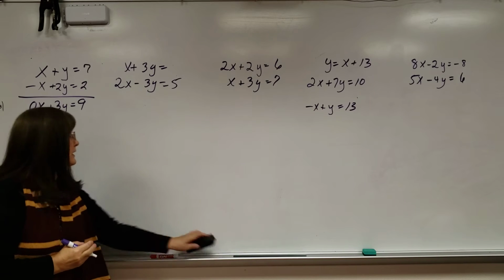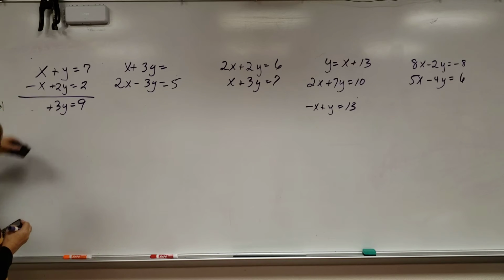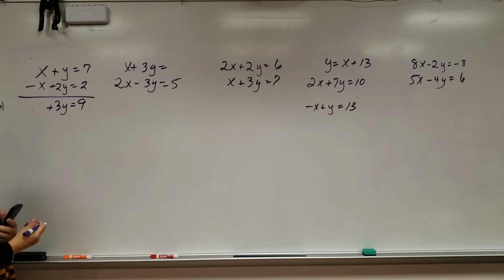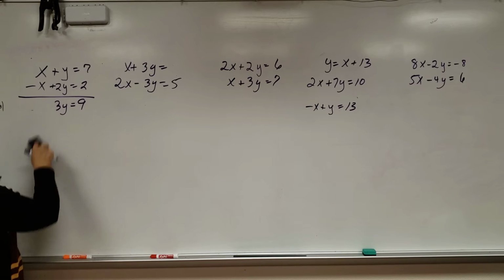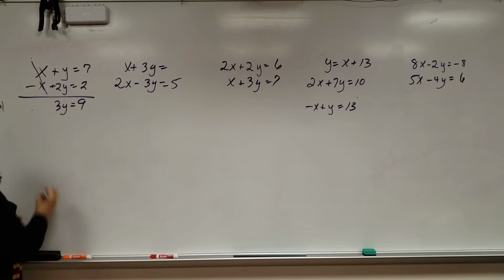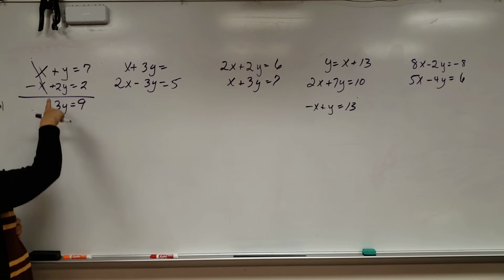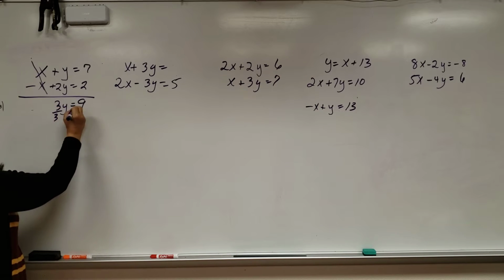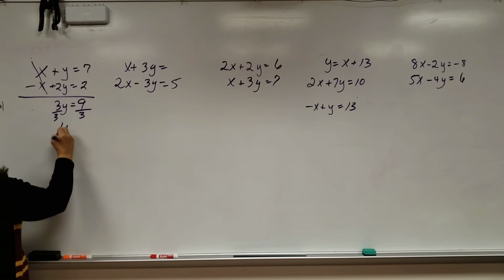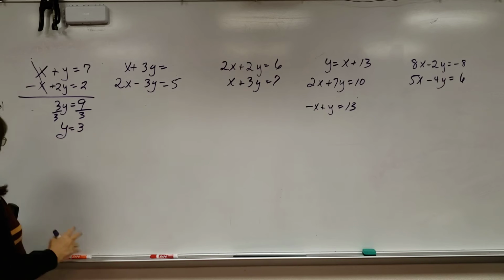We do not need to write 0 times x because that's 0. So we bring down 3y equals 9, divide by 3 on both sides, and we end up with y equals 3.